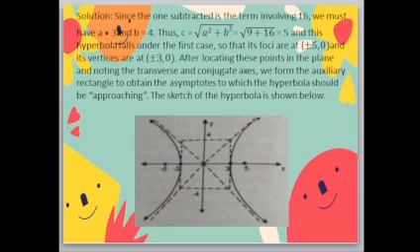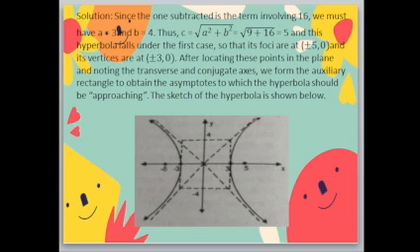Our solution is, since the one subtracted is the term involving 16, or the one with the minus is 16, we must have a equal to 3 and b equal to 4. Thus, c is equal to the square root of a squared plus b squared.